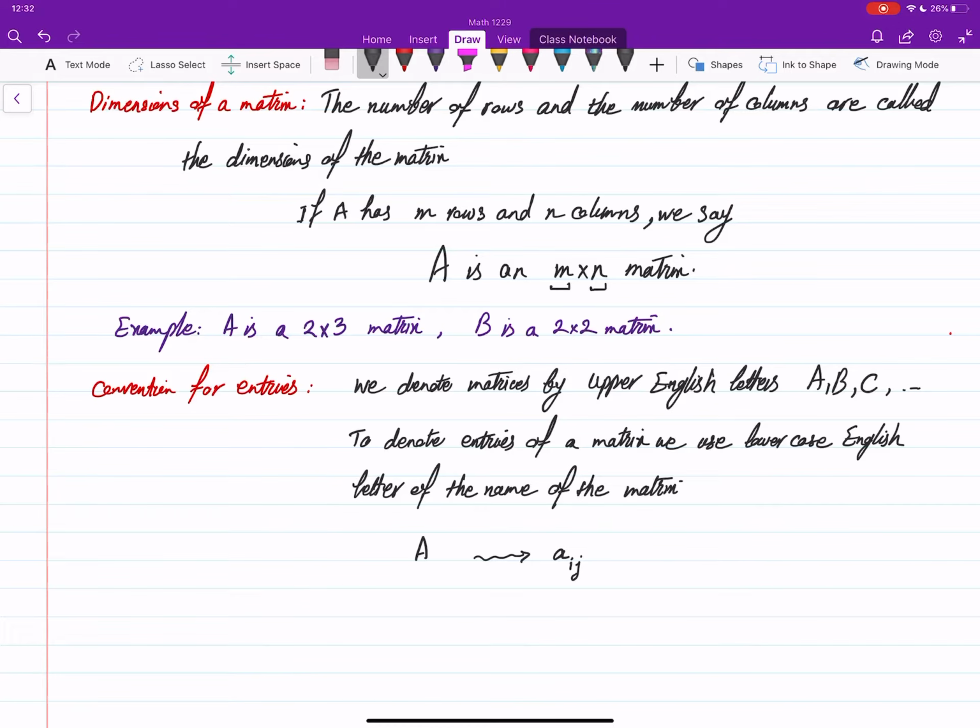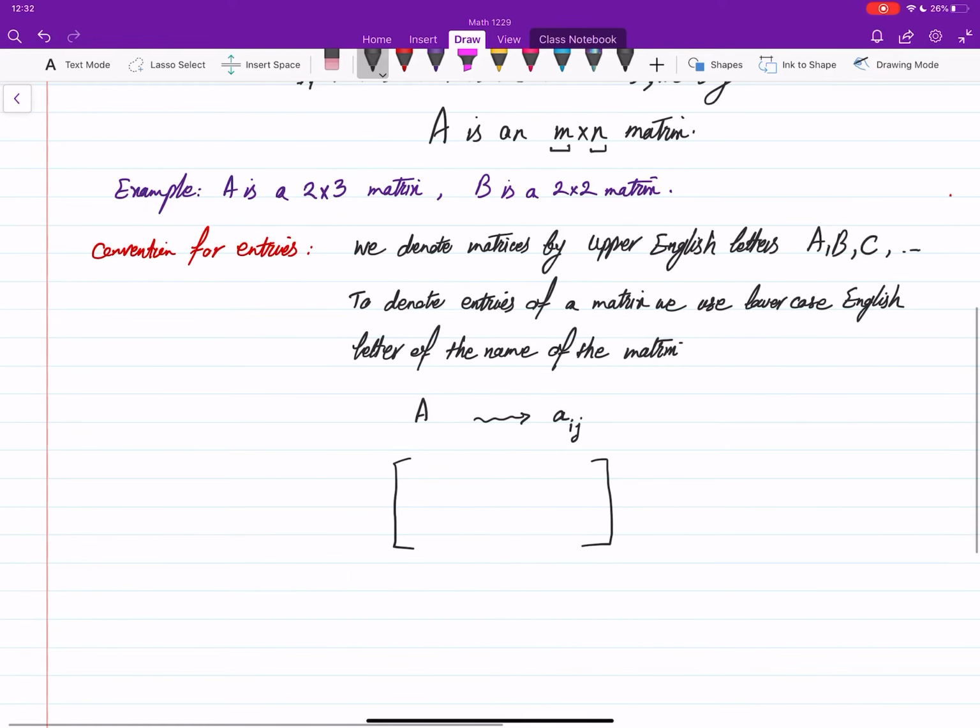These entries live in a city called matrix, and each of them has an address. When someone asks you the address of an entry, you say the street row number and then the street column number, where you live at the intersection.